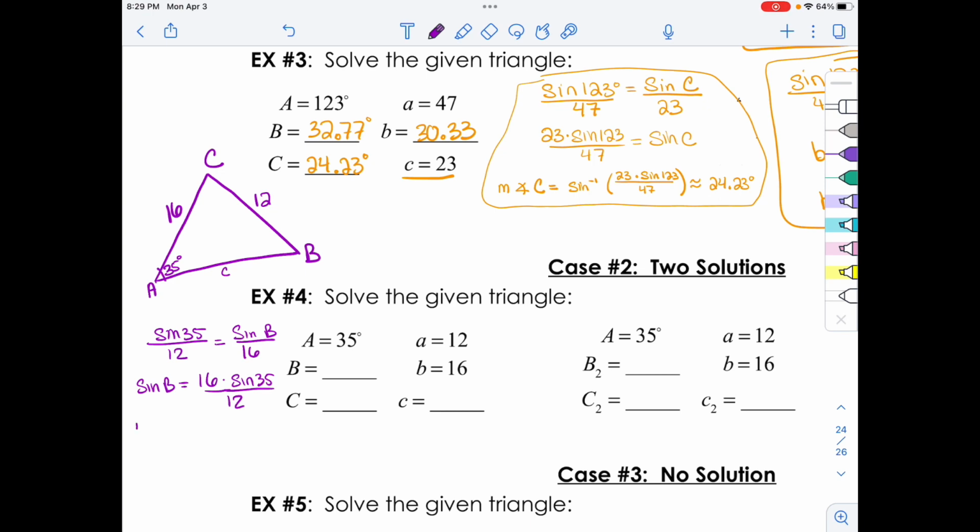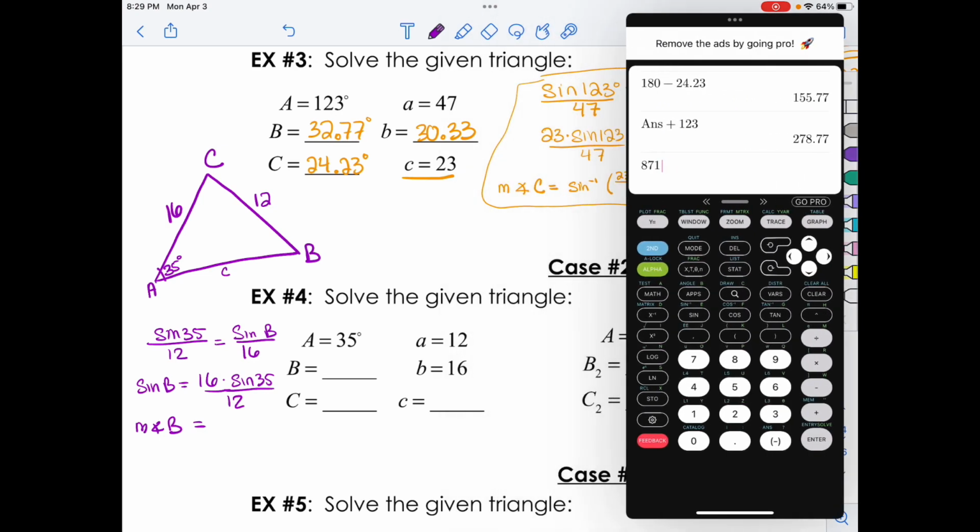And then I'm going to use sine inverse in my calculator to find the rest of it. So there's my calculator. Okay, so I do 16 times the sine of 35 divided by 12. And then I use my calculator to do second sine inverse of the answer. And I get that the measure of angle B is 49.89 degrees.